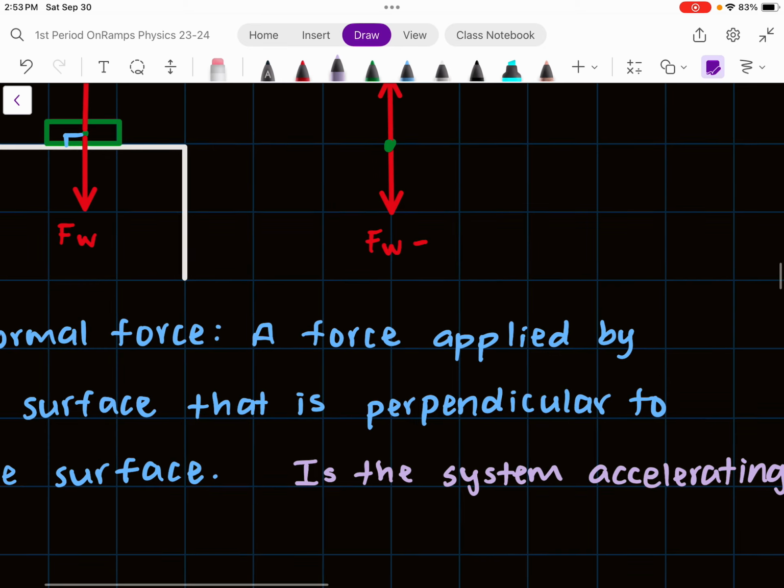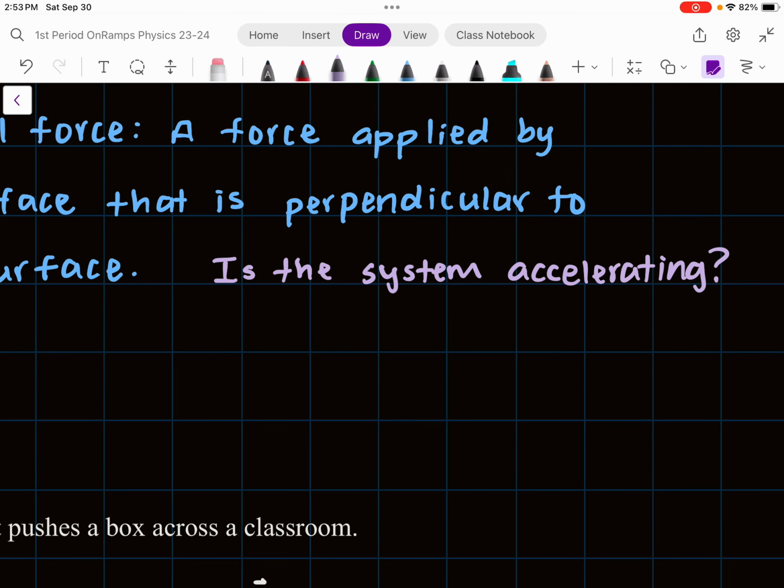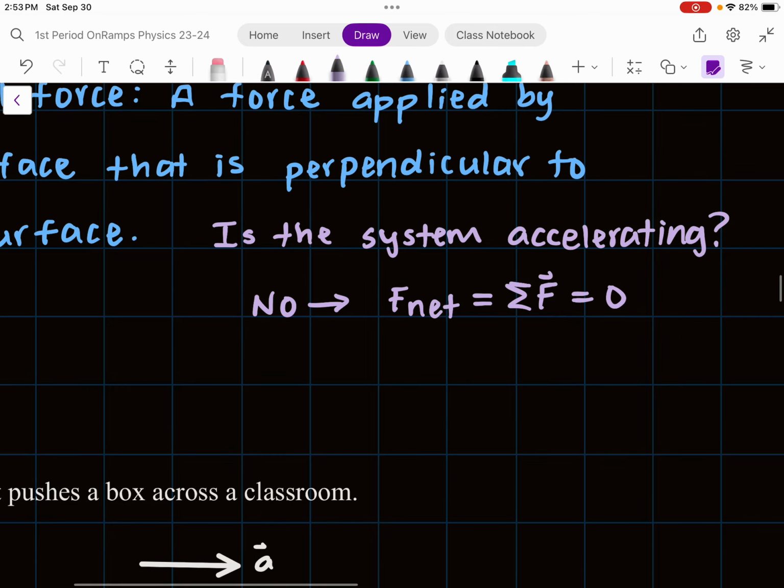Well, clearly the answer is no. So when the answer is no, this follows. Then we know that the net force, which is equal to the sum of the forces, should be 0 because there is no acceleration.